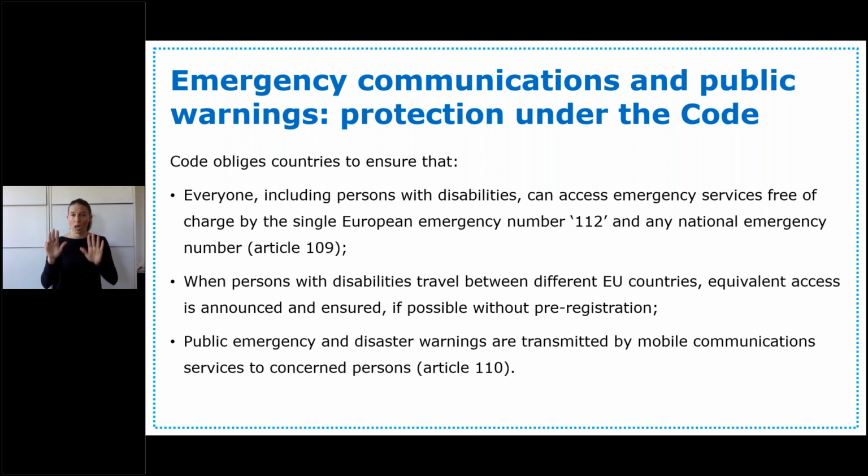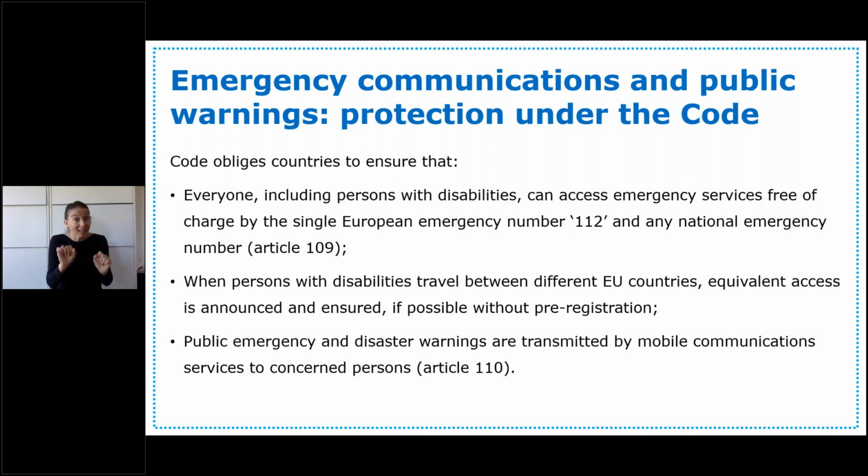Countries must ensure that all emergency communications through the number 112 is possible at least with the same level of speed and efficiency as they do with their national emergency numbers. And when persons with disabilities travel between different EU countries, they should have equivalent access to the 112 number, if possible, without pre-registration. This is what the code says.